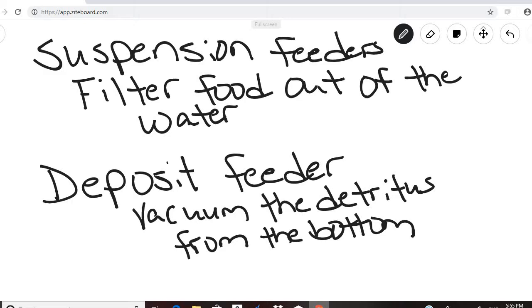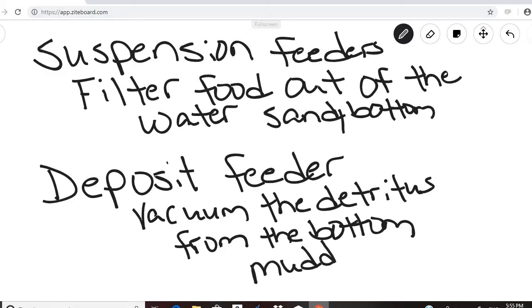Generally, suspension feeders tend to be more present on a sandy bottom, and the deposit feeders tend to be more on a muddy bottom, simply because there's more detritus present on a muddy bottom than on a sandy bottom.